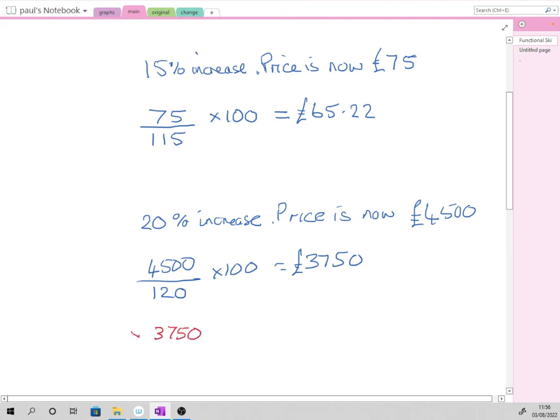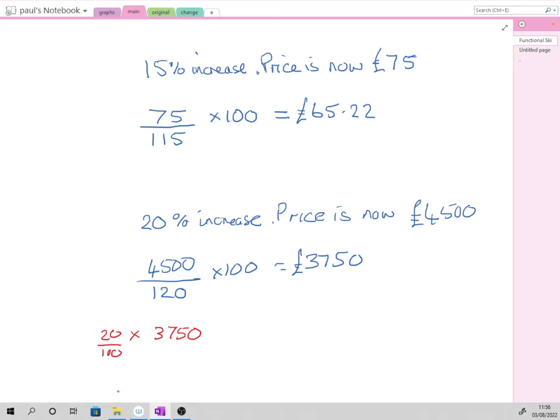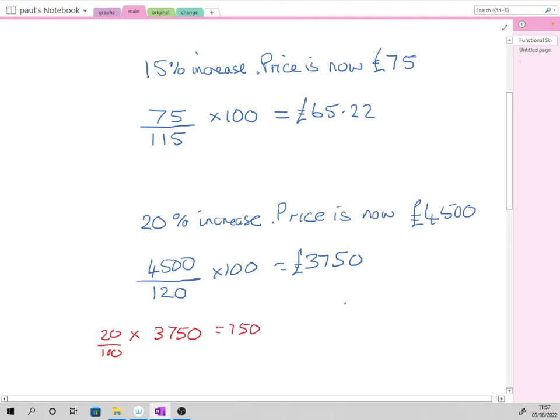Now to check, just to show you that this does work, if I took my original price of 3750 and found out what 20% of that is, so 20 divided by 100 times 3750, that equals 750. And then I take my 3750, I add my 750 on, and I get £4,500.